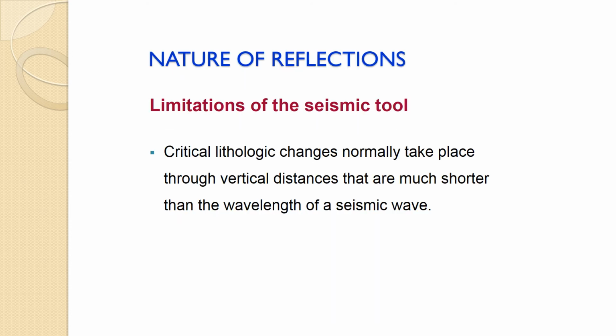Next time we will be talking about the nature of seismic reflections, and for now we will only look at the limitations of seismic tools. Limitations mean in which areas the seismic tool will not help us much. If we think about that, critical lithological changes normally take place through vertical distance.